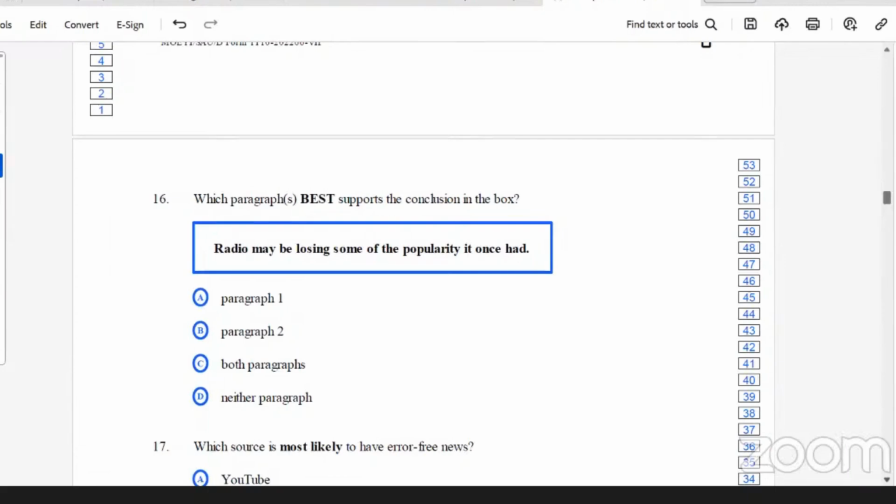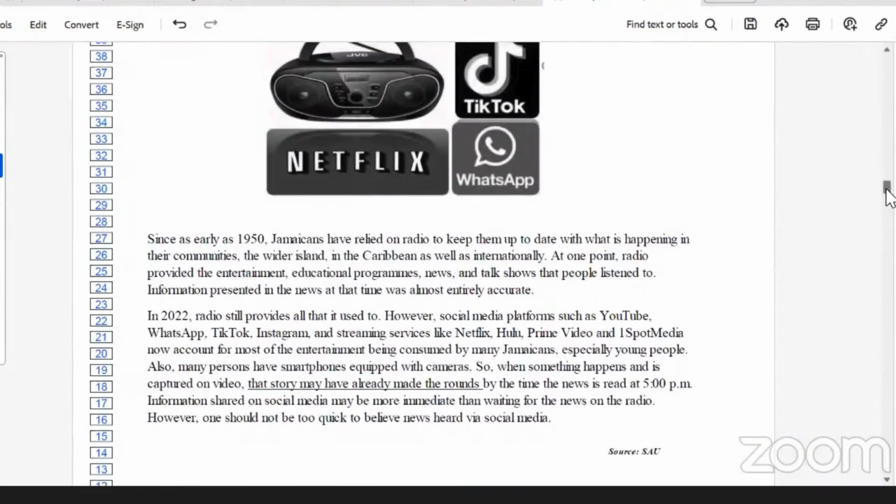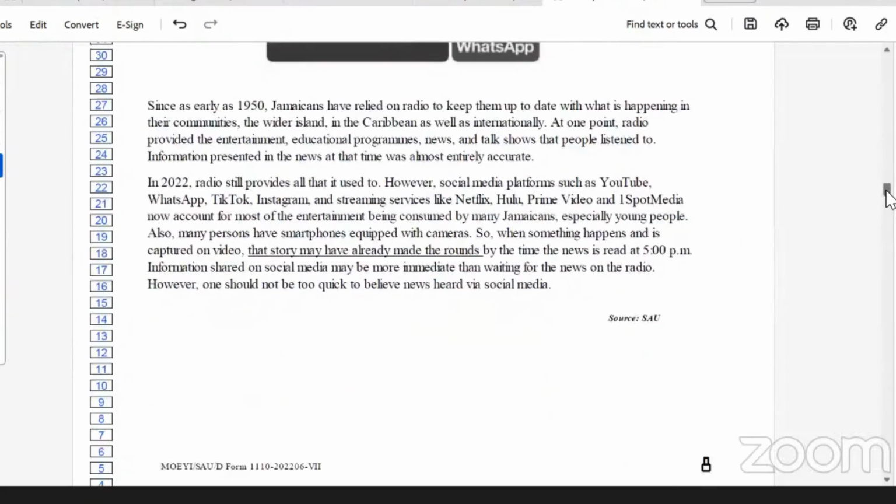So it says, which paragraph or paragraphs best supports the conclusion in the box? Radio may be losing some of the popularity it once had. So quickly, the first paragraph does tell us some of the information about what we would have used the radio for, but specifically in paragraph 2, it gives us a comparison between the radio and these new social media platforms from which we now have information.